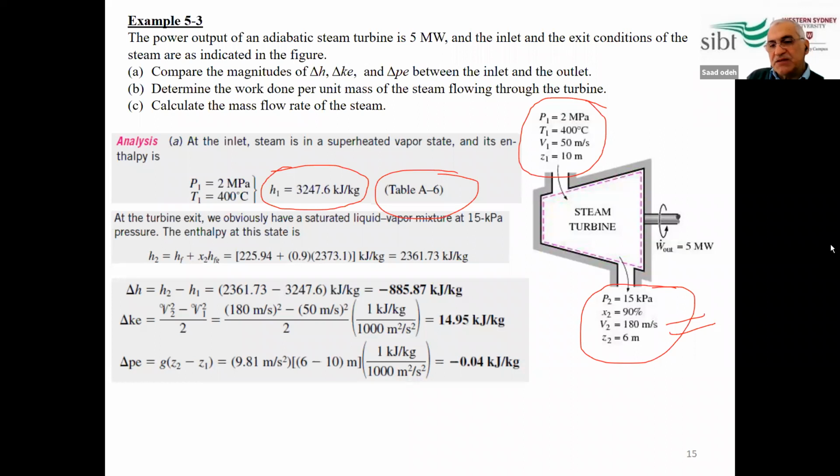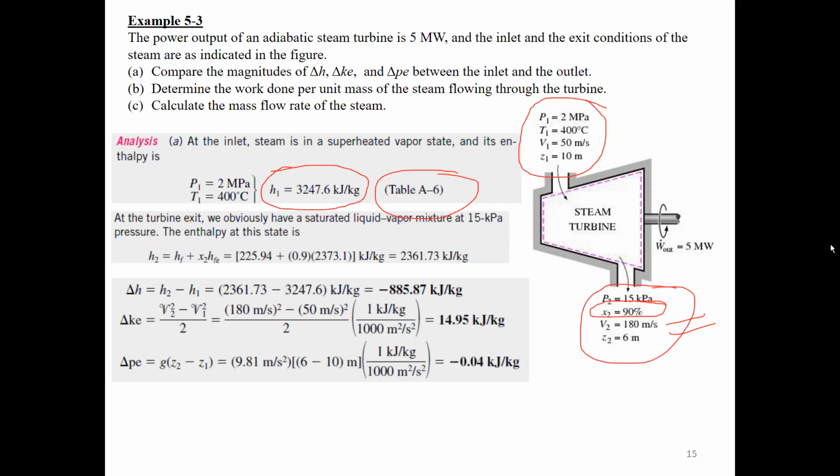There is a property that tells you that there is steam quality, which is the X. If you have X less than 100 percent, or less than 1 in the ratio, you can tell that this is a two-phase. Okay, right?